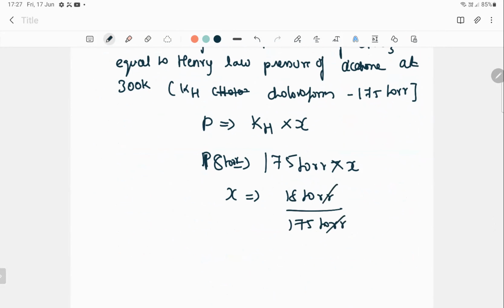The torr gets cancelled. 18 divided by 175, which means 0.102. Say 0.102 or 0.103, anything. Okay, fine. Understood?